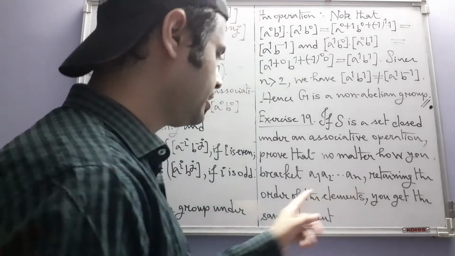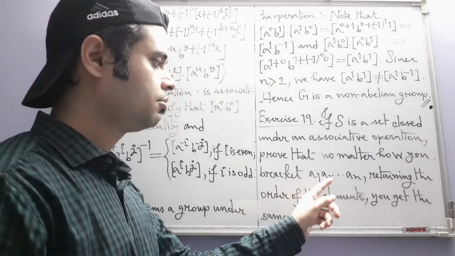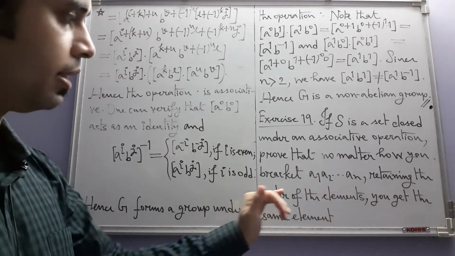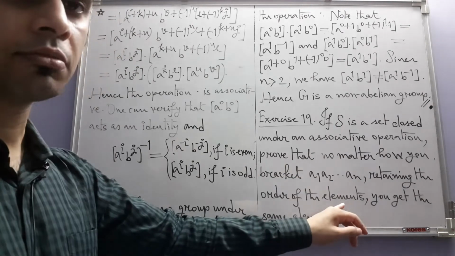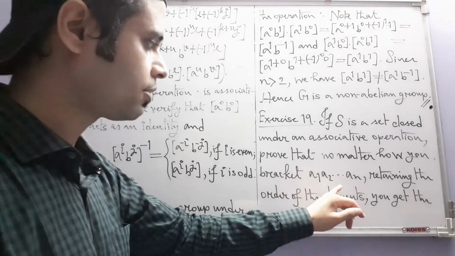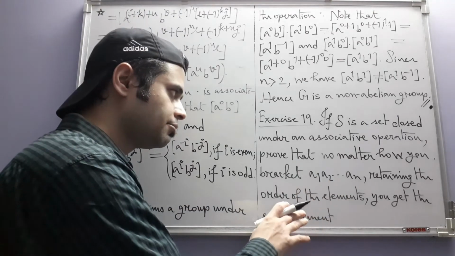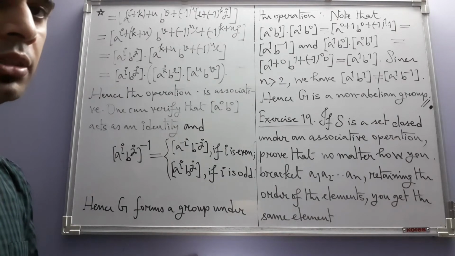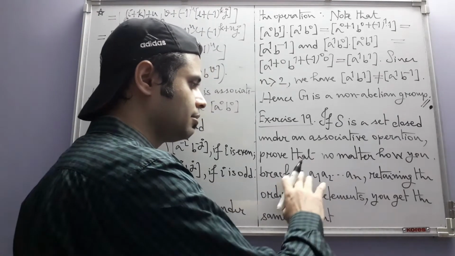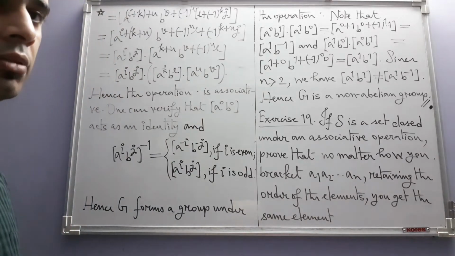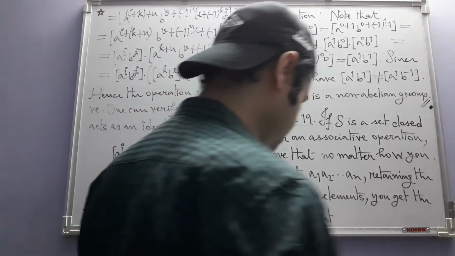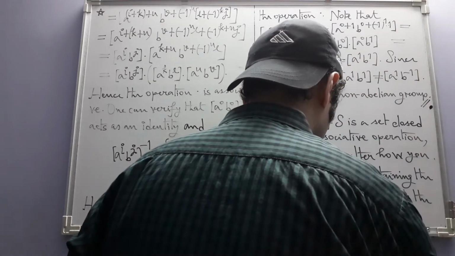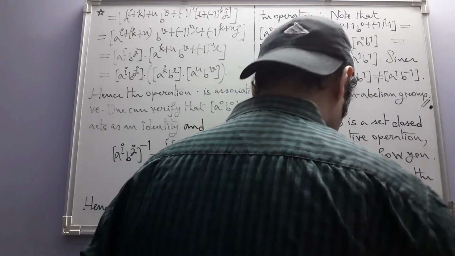Note that retaining the order of the elements means we cannot change the positions of these elements. We can bracket them in whatever way we want, but we cannot change the position because we are dealing with an associative operation which may or may not be also commutative. If it is commutative, then order will not matter. However, in general, order matters. The same element in S.